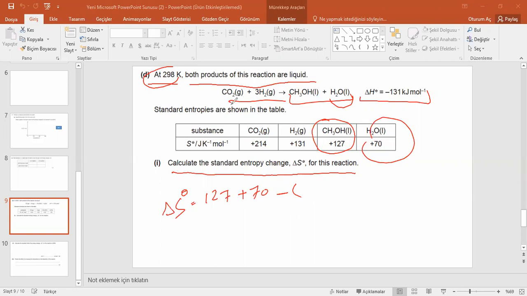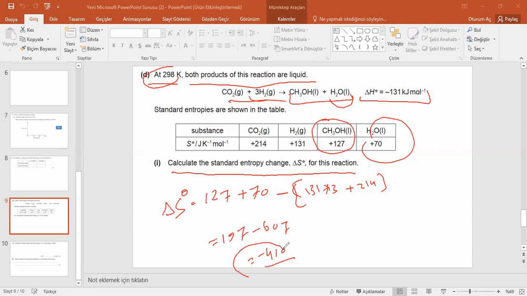On the reactant side, we have 3H2, so H2 is 131. This will be multiplied by 3, plus 214. Okay, so we end up with 197 minus 607, and this will give us minus 410. This is, guys, the delta S. Delta S is found.